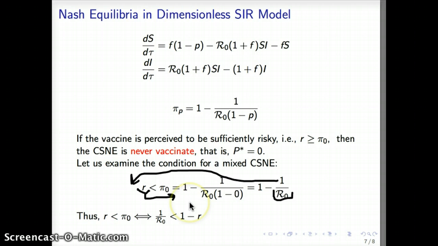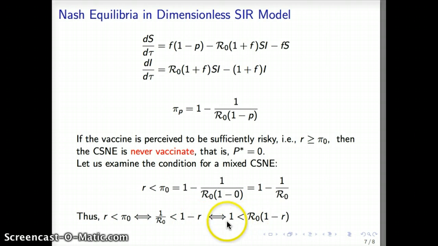So relative risk is less than probability of infection at 0 coverage if and only if 1 over R0 is less than the difference 1 minus r. And that is equivalent.